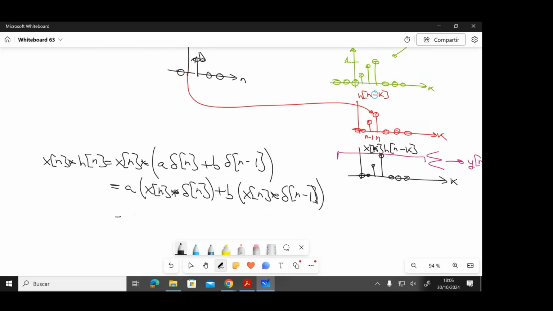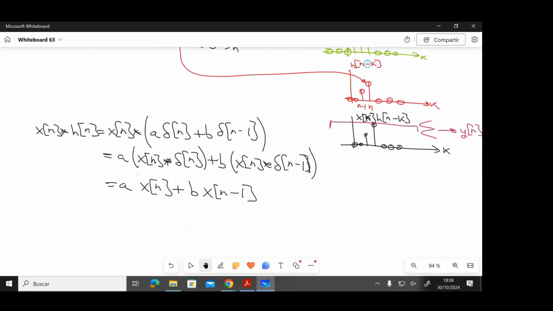And then this is a, and x convolved with delta is just x. And x convolved with delta n minus 1 is x shifted by 1. So now you see the name of the strategy.